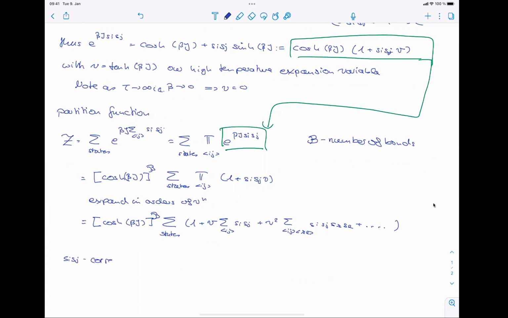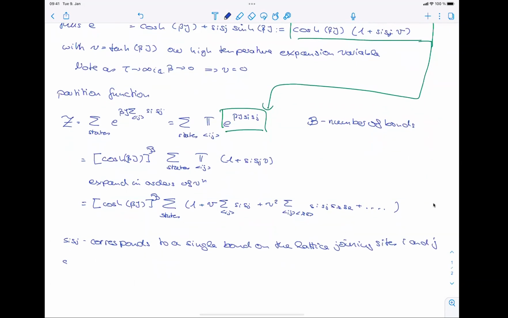So this corresponds to a single bond on the lattice, joining sites i and j, and correspondingly si, sj, sk, sl is then 2 bonds on the lattice, and they may be together or apart, right?